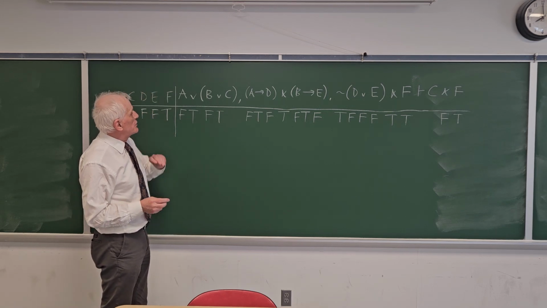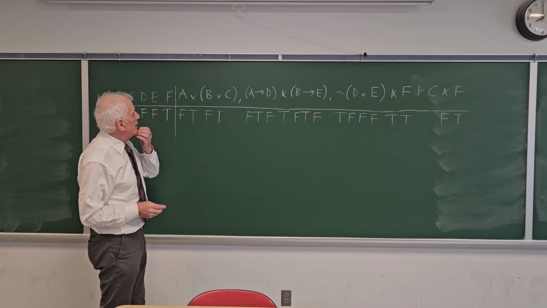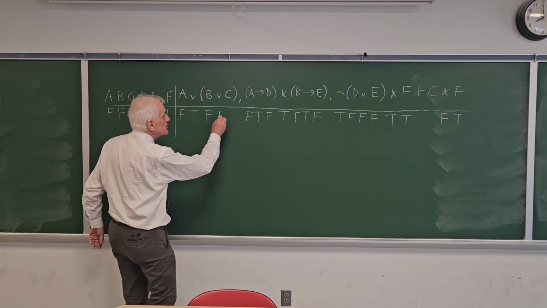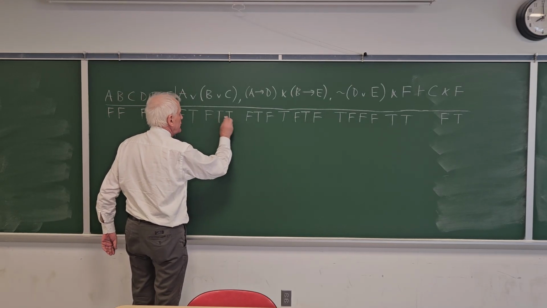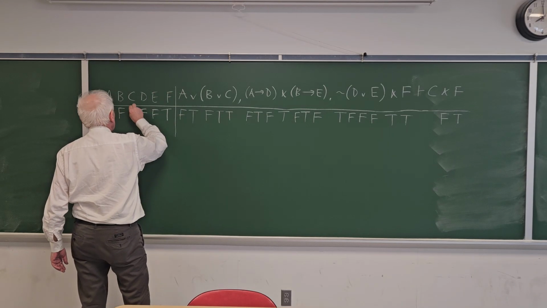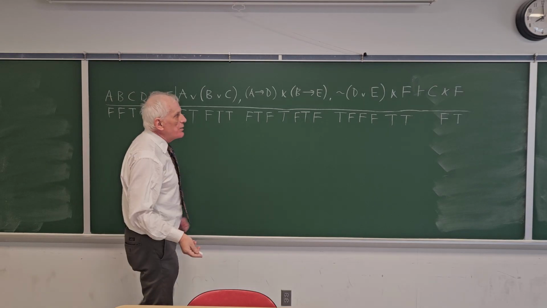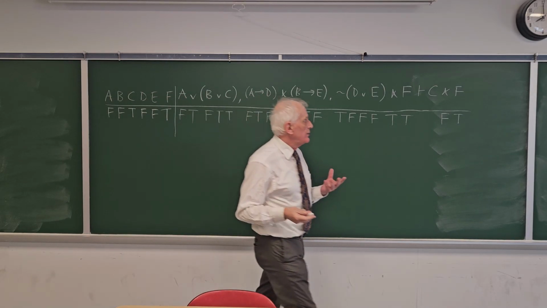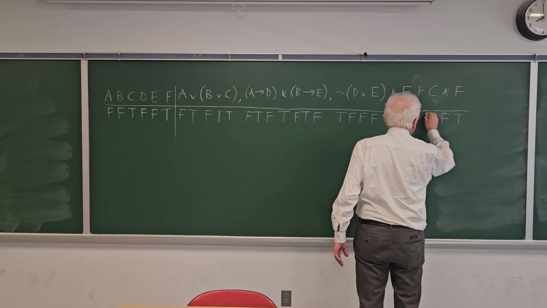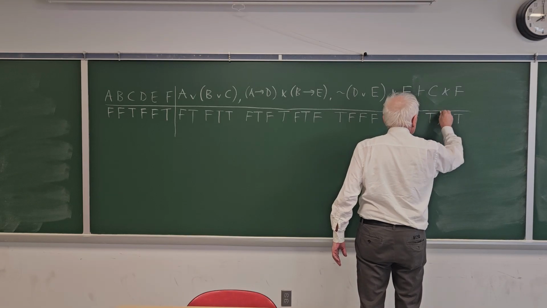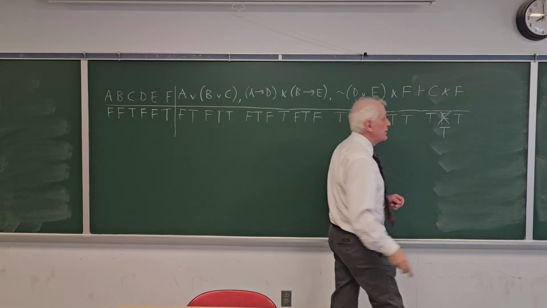And because the left disjunct of that disjunction is false, we must make C true, right? And now when we go and take that truth value and put it in the conclusion, it ends up true.